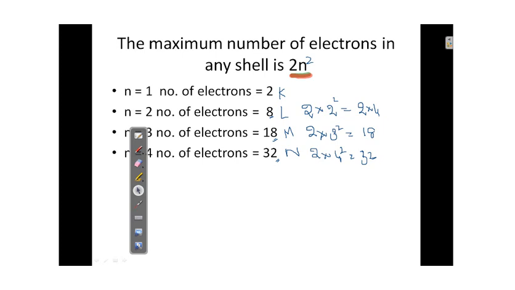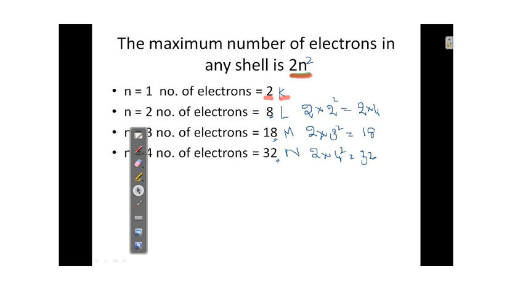If we consider the K shell, then n value is 1, and the number of electrons is only 2. Means in the K main shell, the maximum number of electrons is 2.